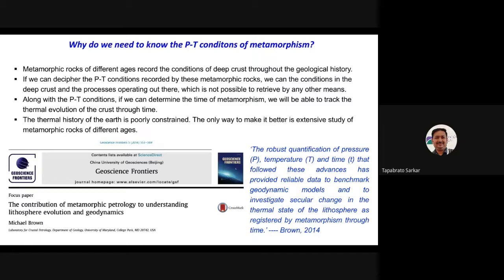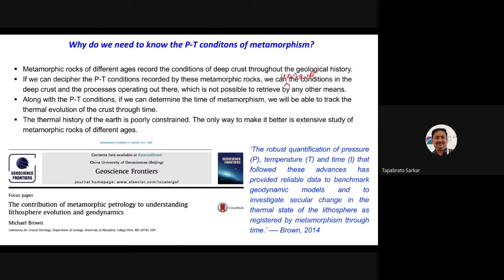And if we can decipher the pressure and temperature conditions recorded by these metamorphic rocks, we can unravel the conditions in the deep crust and the processes operating there, which is not possible to retrieve by any other means.